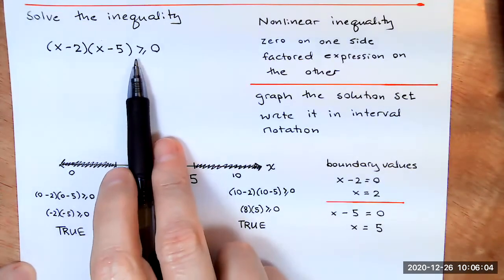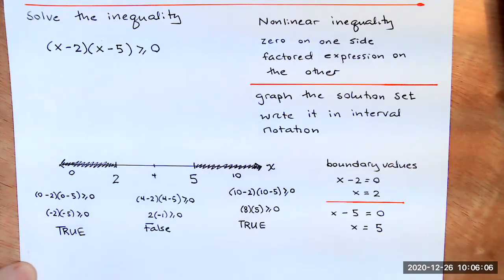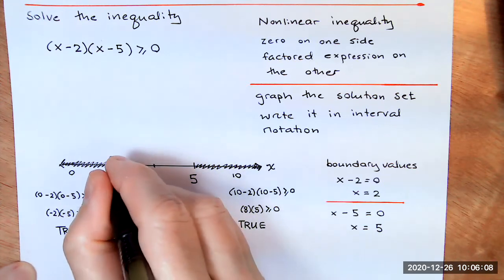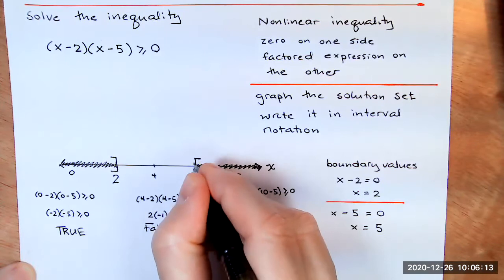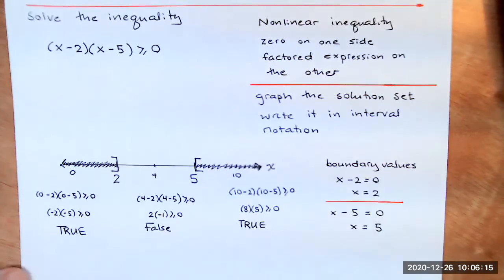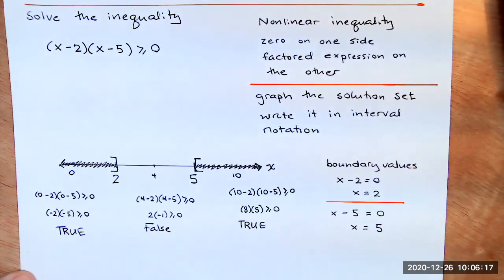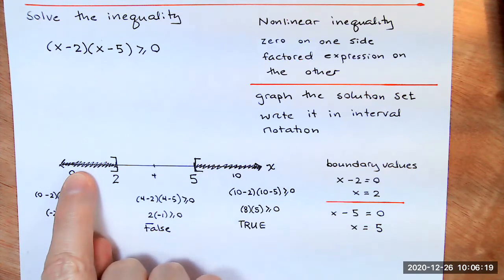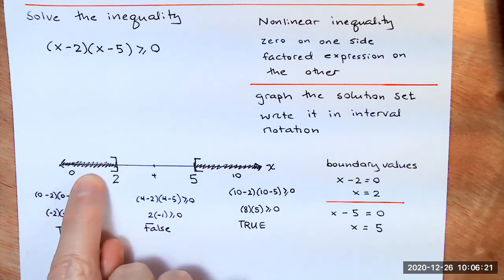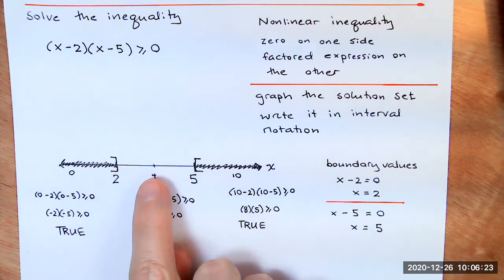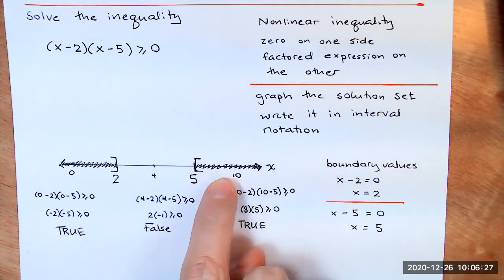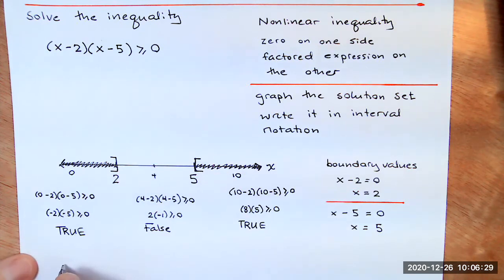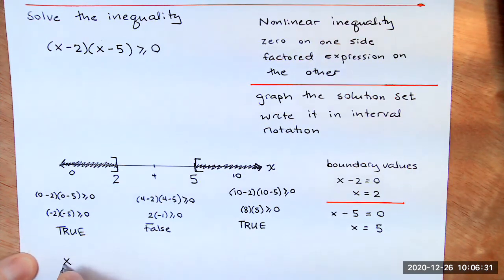And then because it's a greater than or equal to, the boundary values are included in the solution set. So these numbers make the inequality true, or these numbers make the inequality true. So my solution set is x is an element of the set.